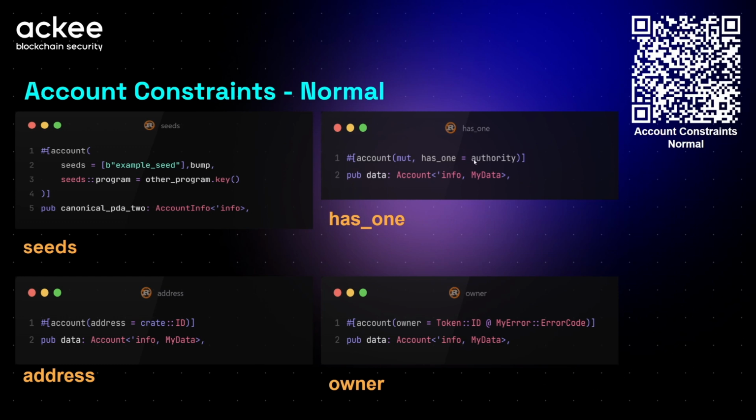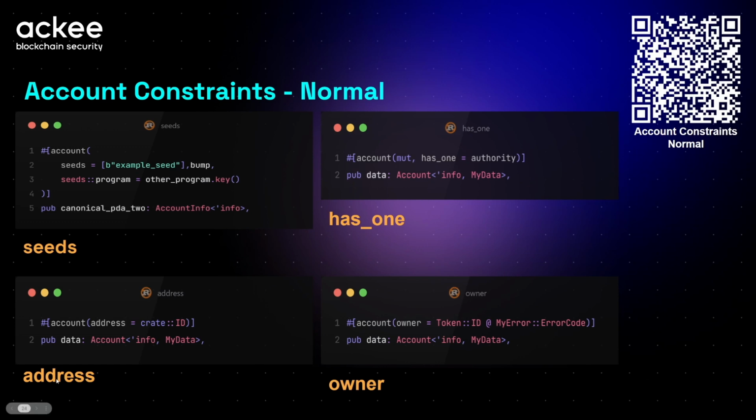This means if your context contains an account called authority, and let's say it is a signer type, then within your data account you need to specify authority, let's say as a pubkey, or in this case if you would like to compare it to the signer, then yes, it has to be a pubkey. And if you specify this as has_one, it is the shorter version of specifying the full constraint that the authority, the signer's key, matches the authority stored within the account. So this is a shorter option to check that these two fields match.